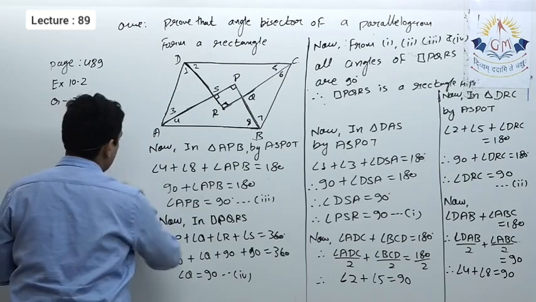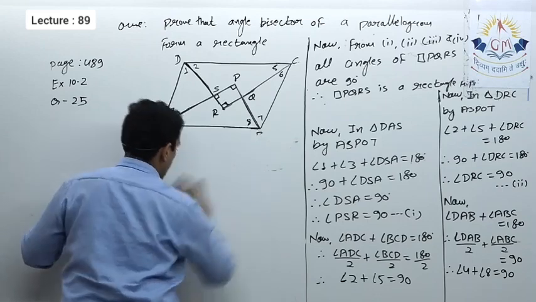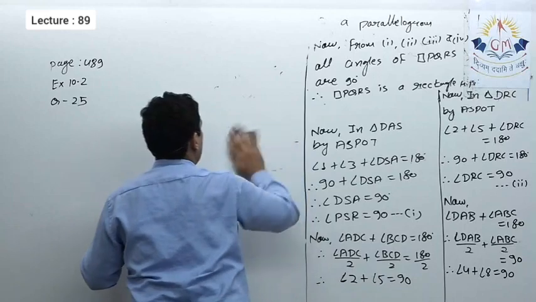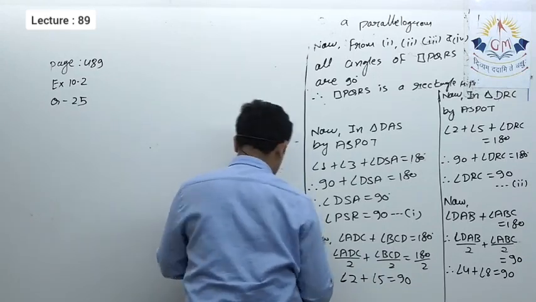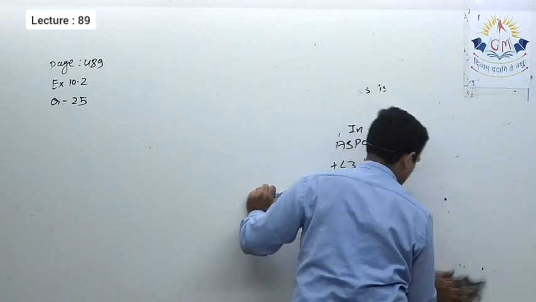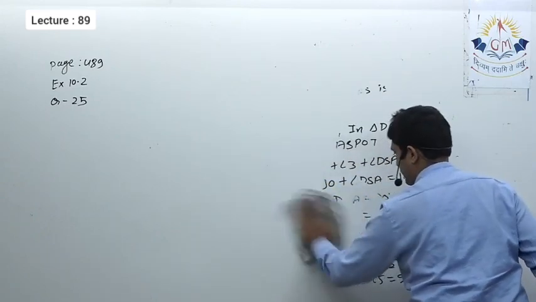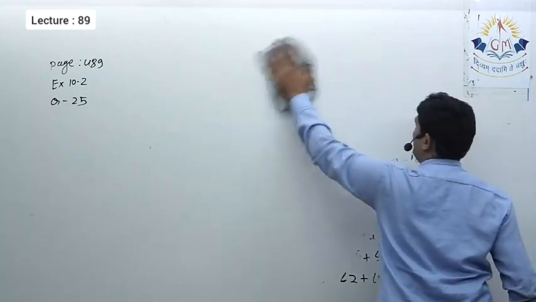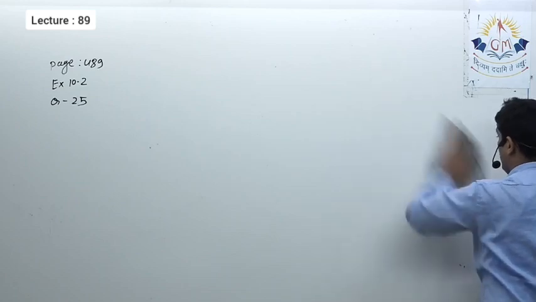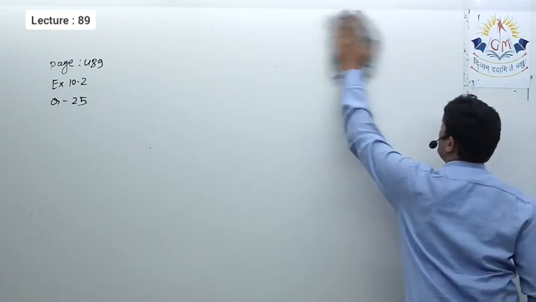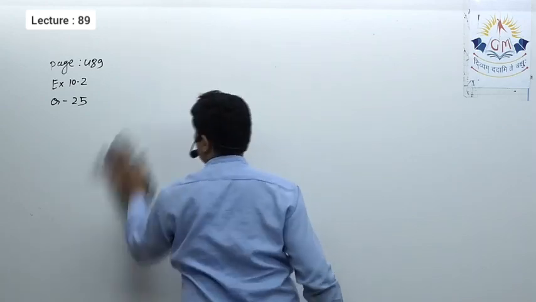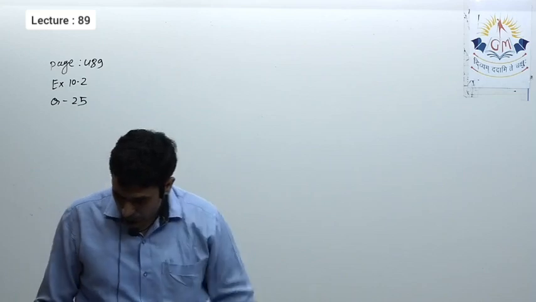Okay, the question says: in the given figure ABC is a triangle.